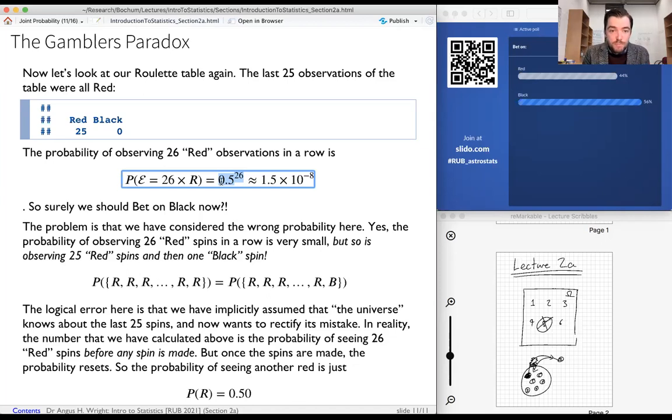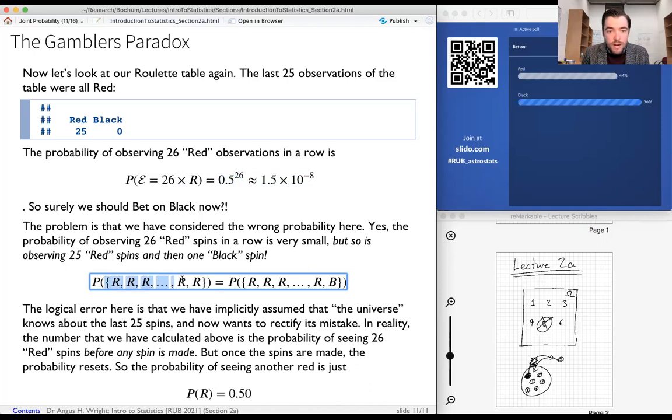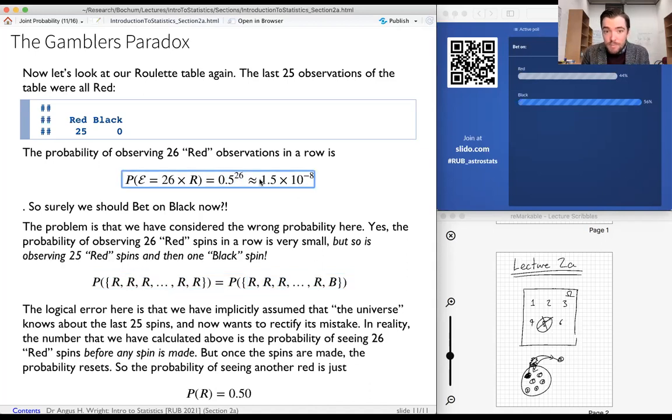Because it's 0.5 to the power of 25 times 0.5. So the probability of seeing red, red, red, red, red, red, red, red, red, black is exactly the same. What this value is, what we just calculated up here, is the probability of seeing the outcome 26 red, given we haven't observed anything yet.